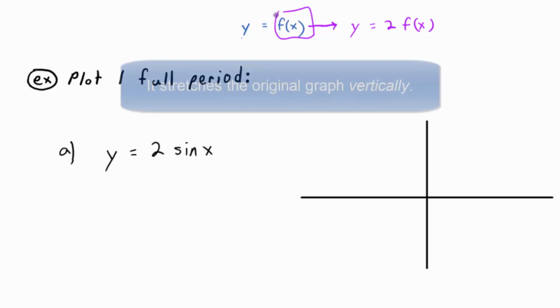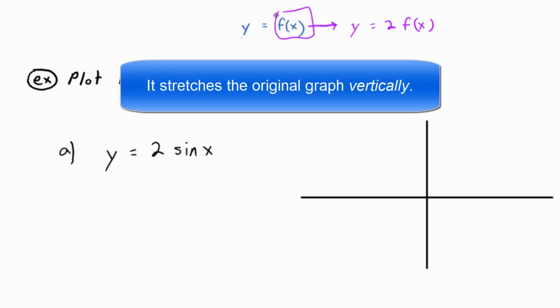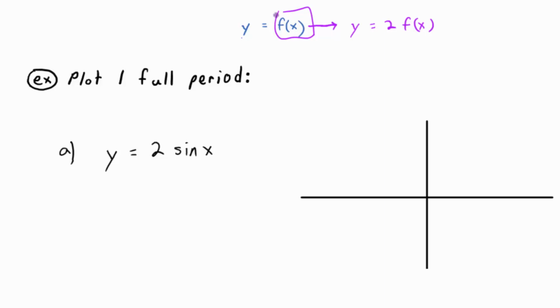It stretches it by a factor of 2, right? So in the original graph, points that were above the x-axis will be twice as far from the x-axis as they were before. Same below, right? They'll get stretched down twice as far. So in this case, then, we can expect an amplitude of 2.